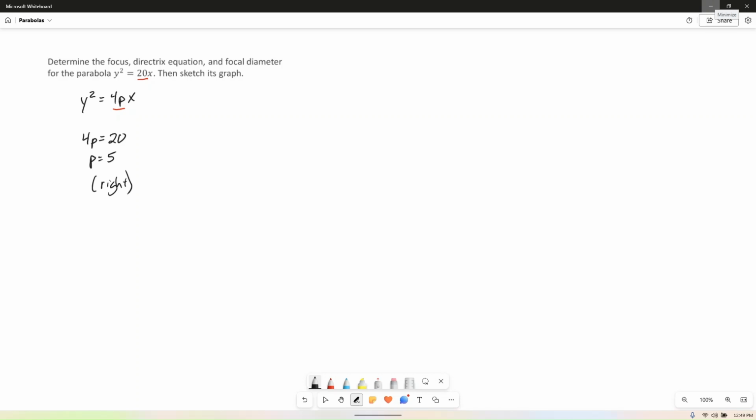So let's start working on a little bit of a graph. And as we're working on the graph, we can also work on finding the other values here. So we know that we have a parabola, its vertex is at the origin, and it's going to open to the right, which means, again, remember the parabola curves away from the directrix and around the focus. So if it's curving to the right, that means the focus has to be to the right because it's curving around the focus.